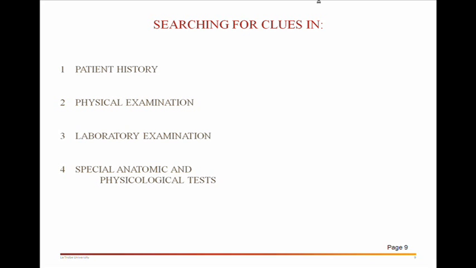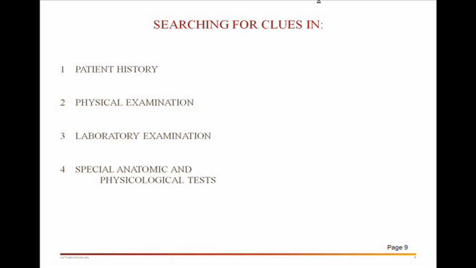Looking at physical examination, tests of joints, range of motion of joints, positioning of joints, for example, can assist in determining what is occurring. Laboratory examinations can assist with markers. Are certain markers in the body high or low?